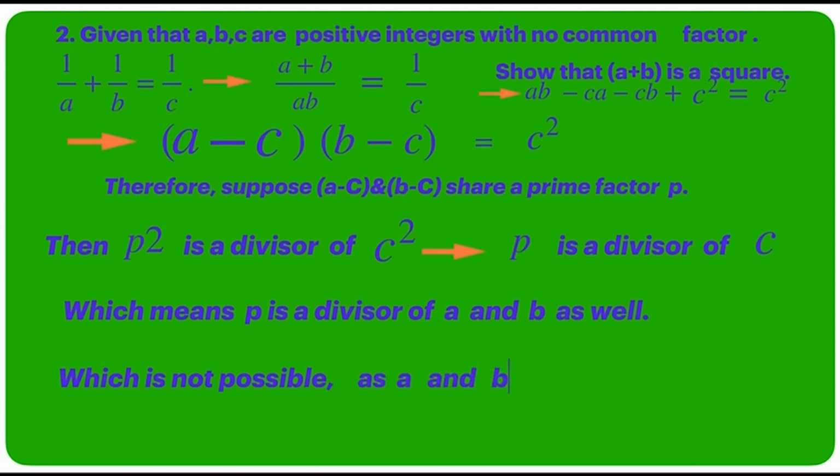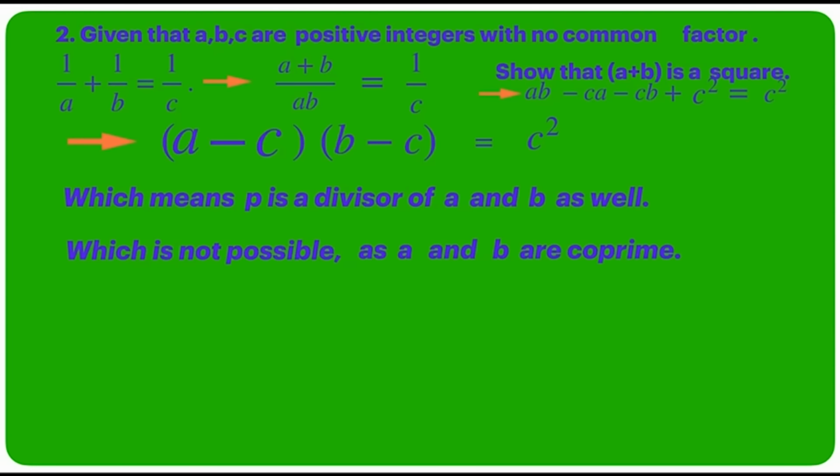So we can come to the decision that a and b are coprime, because a - c and b - c are coprime.